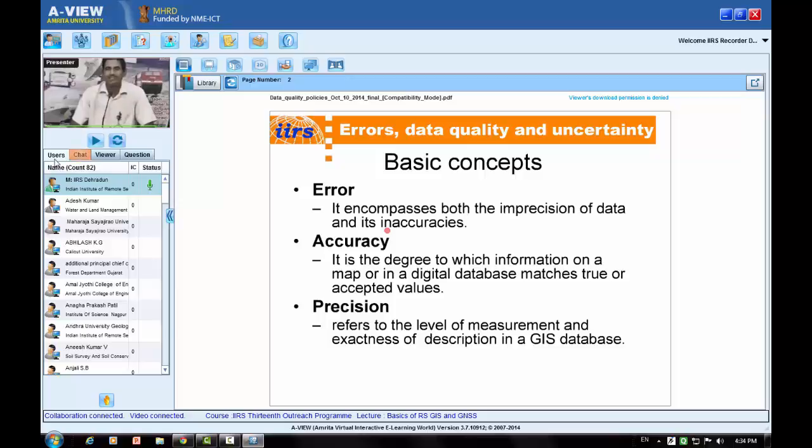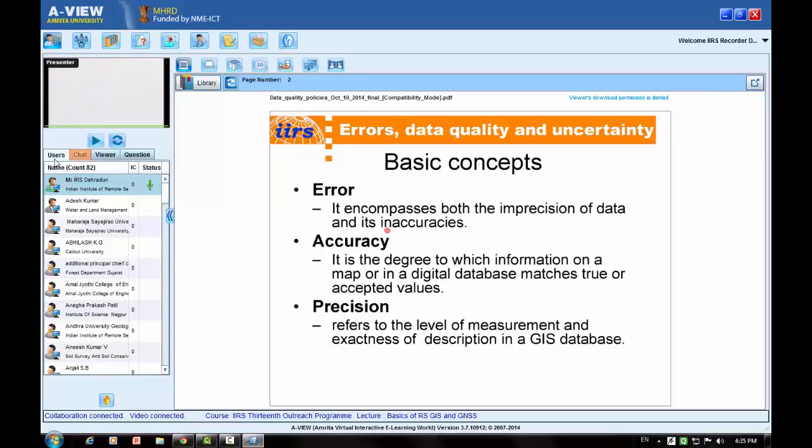Now precision refers to the level of measurement and exactness of description in a GIS database. Give an example: suppose you take the GPS and go to the ground and take measurements in different coordinate systems and different units. Sometimes we measure in degrees, minutes and seconds, and the same thing we measure as distance in meters.